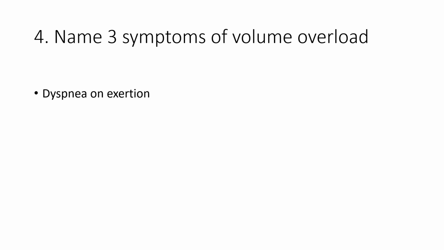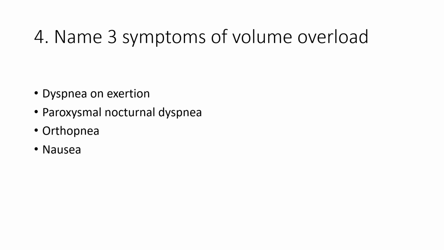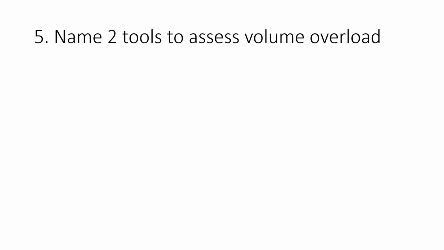So shortness of breath with usual activity, or so-called dyspnea on exertion, paroxysmal nocturnal dyspnea, or these attacks or spasms of shortness of breath that typically occur at night when someone is asleep, orthopnea, shortness of breath that occurs when someone lies flat in bed at night, nausea if they have intestinal congestion, reduced appetite, same reason. Final question, name 2 tools to assess volume overload.